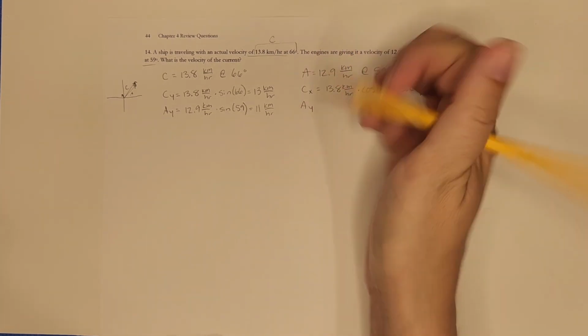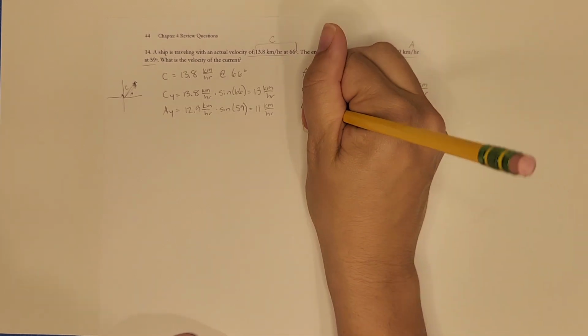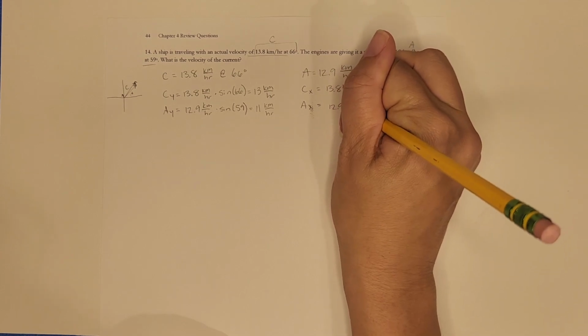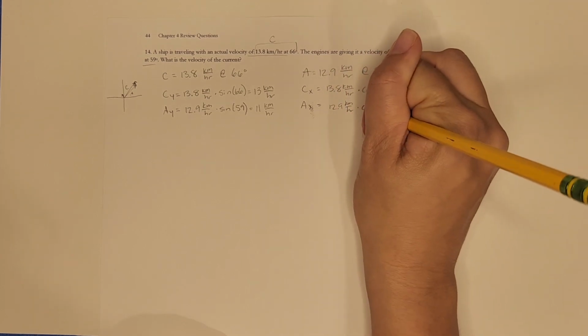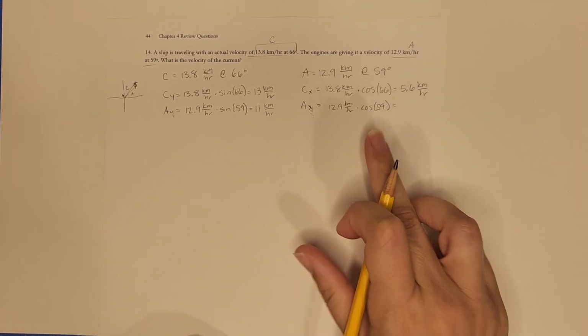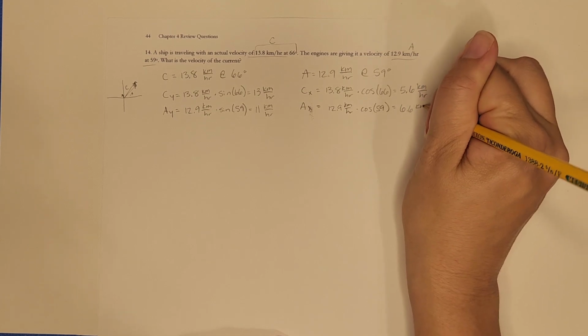For the A x value, two significant figures will get 6.6 kilometers per hour.